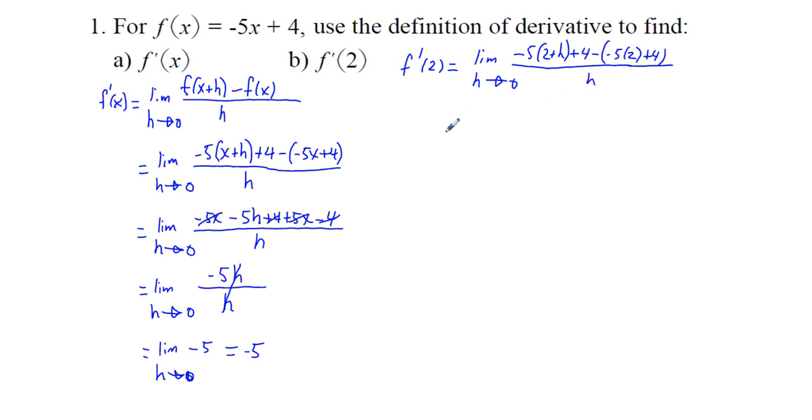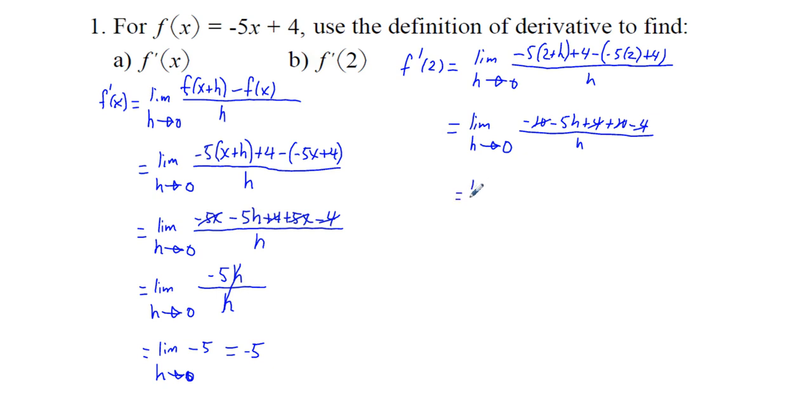And so simplifying, we have the limit as h approaches 0 of negative 10 minus 5h plus 4 plus 10 minus 4 over h. And then negative 10 plus 10 cancel, 4 minus 4.